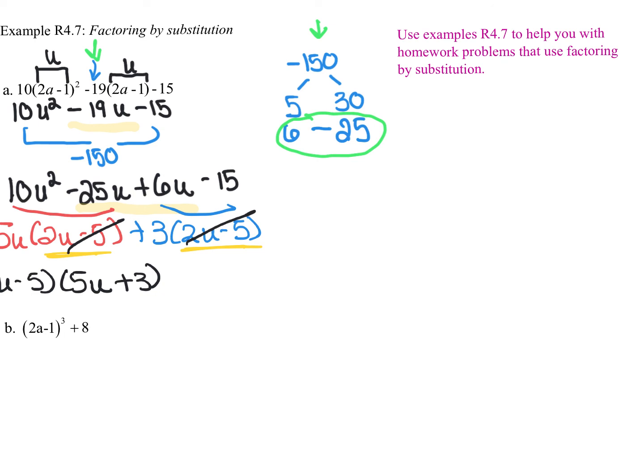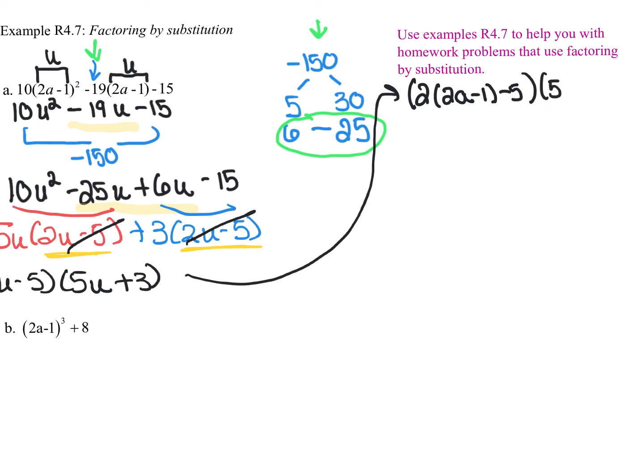But you've done all that work, and you're not quite done yet, because we have to replace the u back with our a's. So I have 2 times, u was called 2a minus 1, and then minus 5. 5 times 2a minus 1 plus 3.